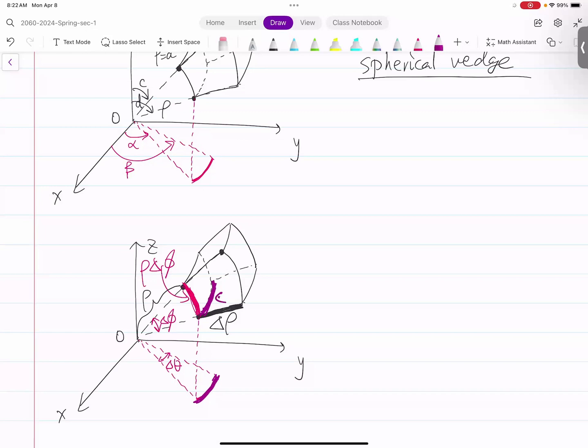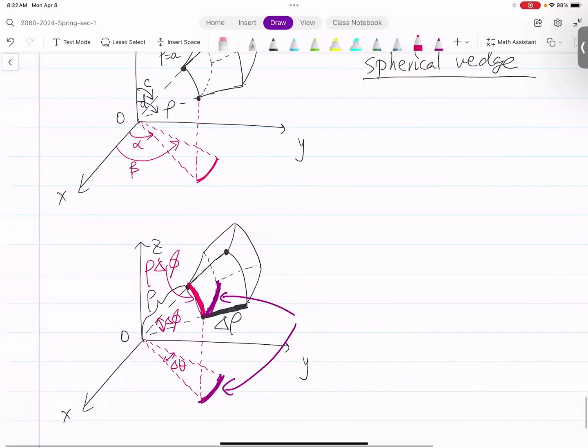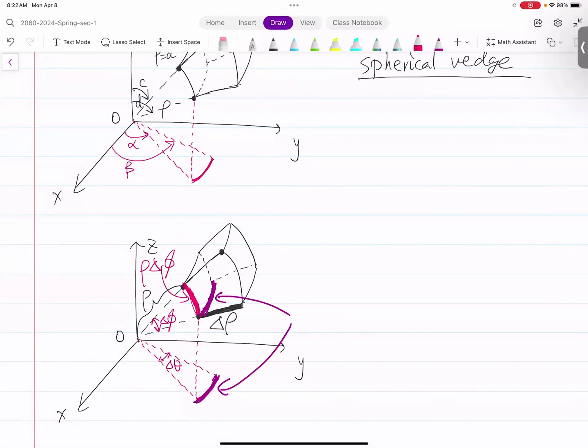So if you're thinking about it, basically when you do the evolution, if you want to establish the distance from this point to the z-axis, that's exactly what you have seen from the bottom. Okay?